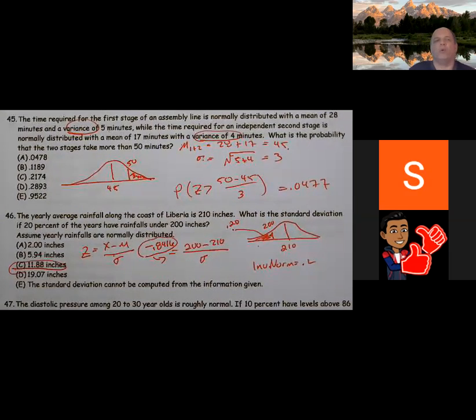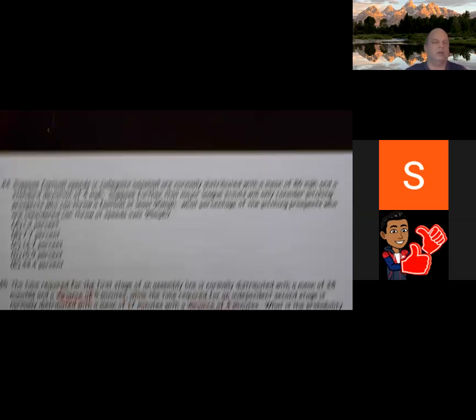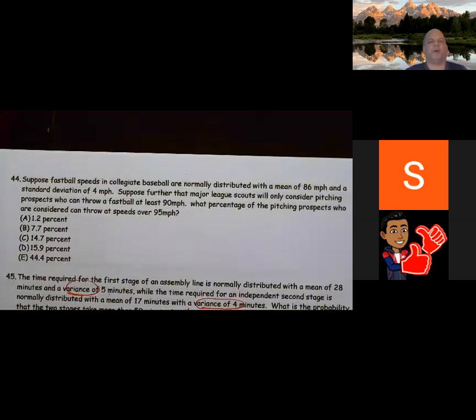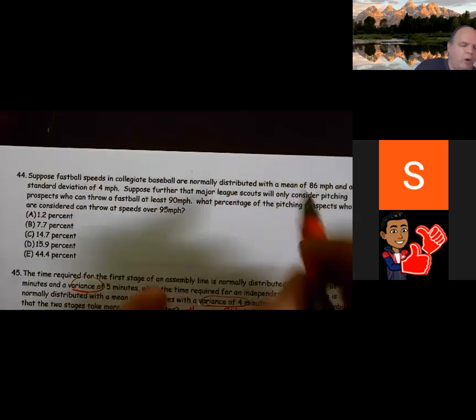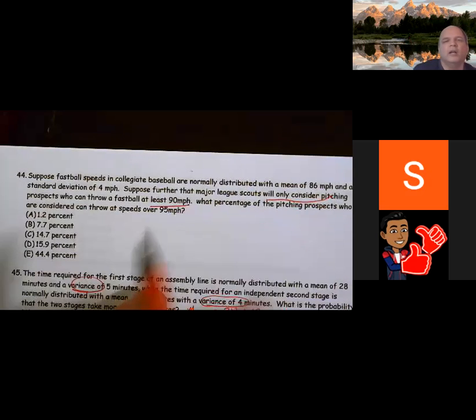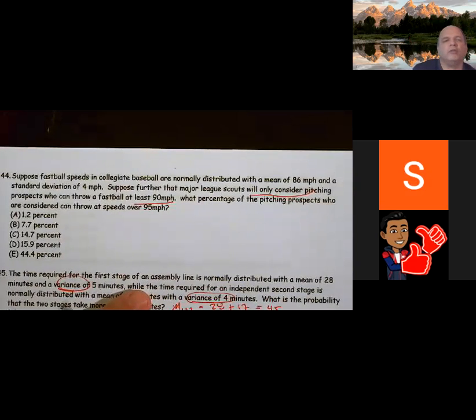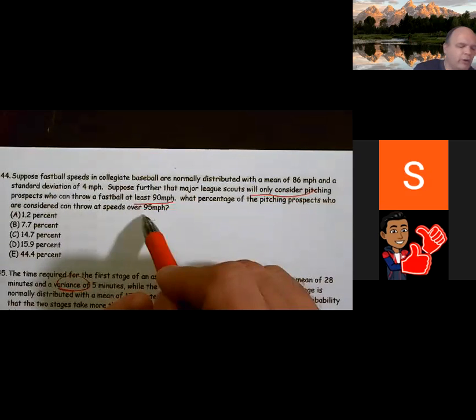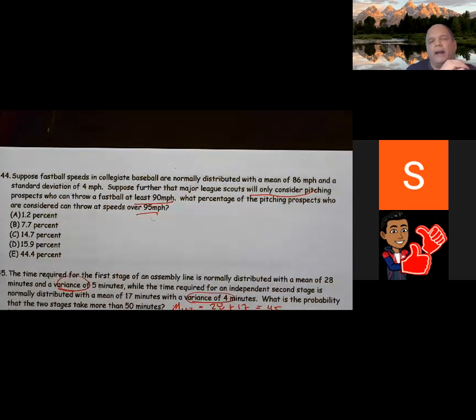Looking at number 44, suppose fastball speeds in collegiate baseball are normally distributed with a mean of 86 and a standard deviation of 4. Suppose further that Major League Scouts will only consider pitchers who can throw at least 90. What's the percentage of prospects who can throw speeds over 95?